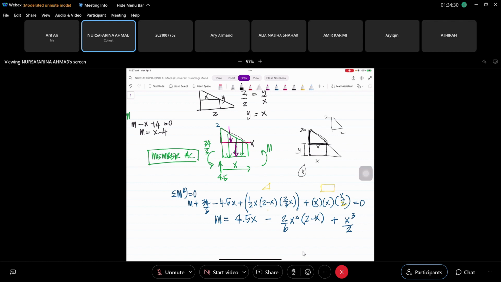Okay, so you punya ratio dia akan jadi sini adalah 2, sini adalah x, sini adalah 2. So you want to get y. Tinggi semua ni adalah this one. Tapi you kena tahu tinggi juga. So dia bukan 2. So dia akan tahulah x divided by 2, y divided by 2.